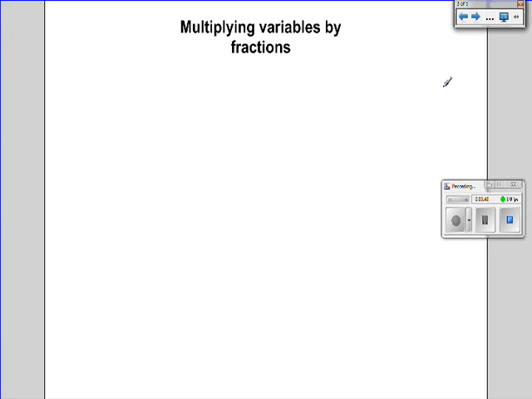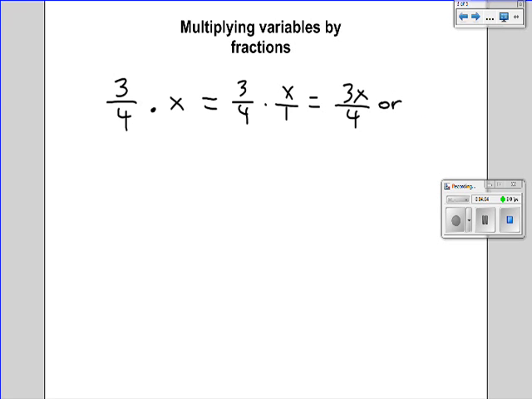Let's also multiply a variable by a fraction. 3/4 times just x. Well, we could rewrite this as 3/4 times x/1, because anything can be written over 1, which equals 3x/4. Or, as a special rule, you could also write this as 3/4 x. So that's pretty easy.